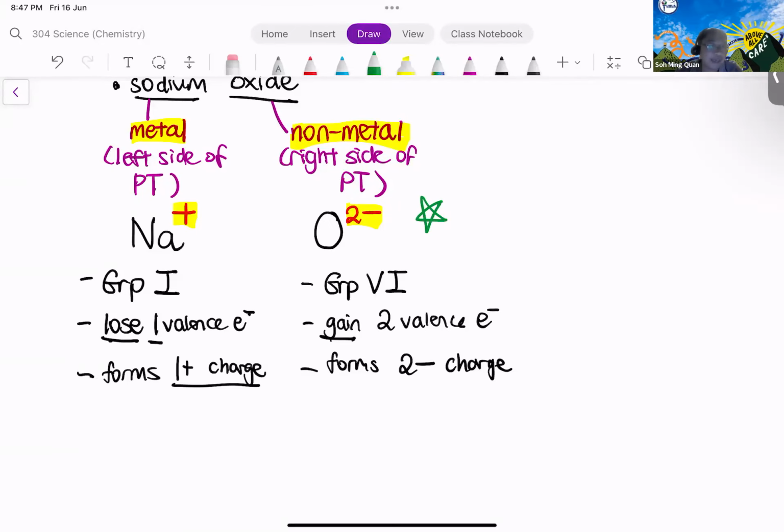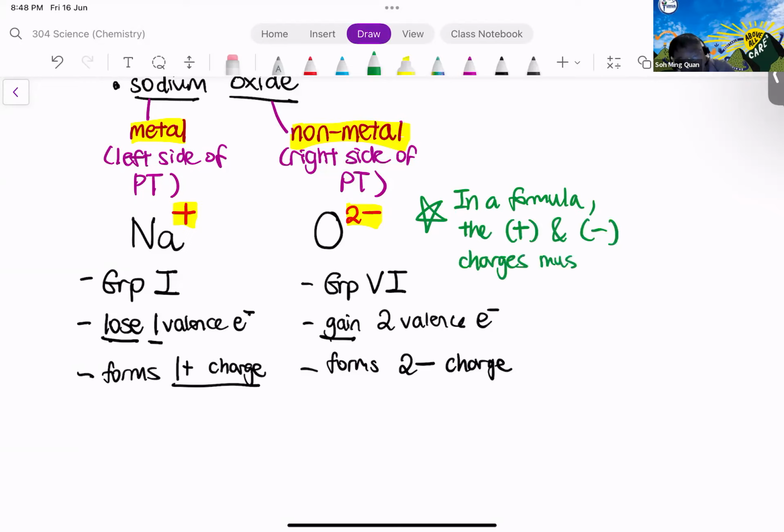The plus and the minus are not cancelling each other out. The concept is that in a formula, the positive and the negative charge must be balanced out.